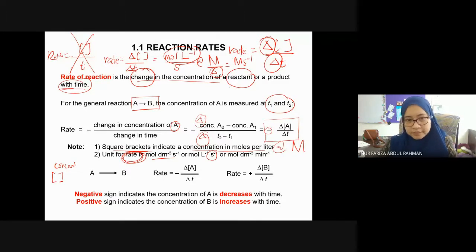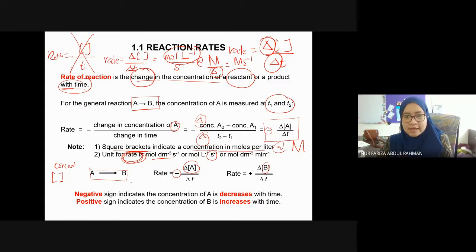So again, A becoming B, we can describe the rate in terms of A, but don't forget that we have the negative sign there. And we can also describe the rate in terms of B, because they are in the same reaction, in the same chemical equation.